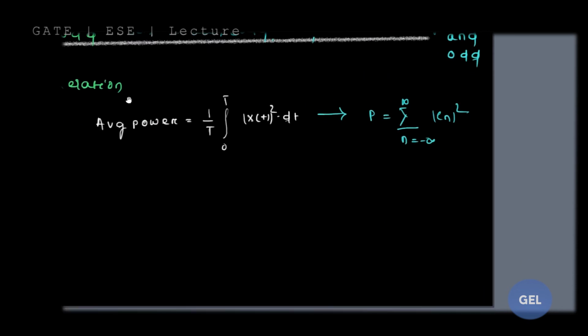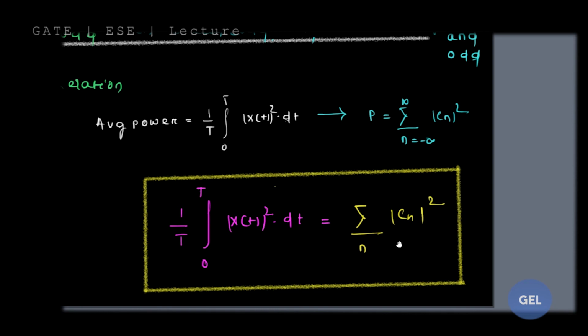Now what the Parseval relation is saying, in the continuous time domain, you have 1 by T integration 0 to T of mod x of t squared dt, which is nothing but equal to this sum. Each term represents the power in the nth harmonic component of x of t, and the total average power in a periodic signal is equal to the sum of power in all of its harmonics.